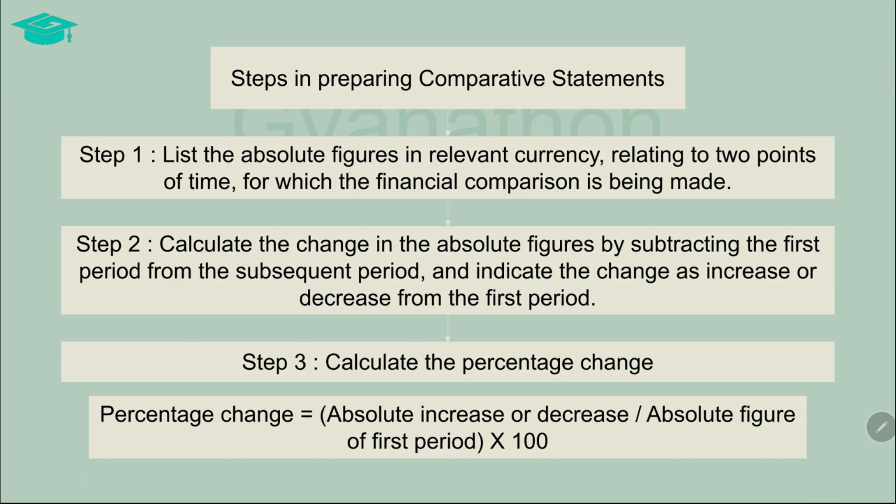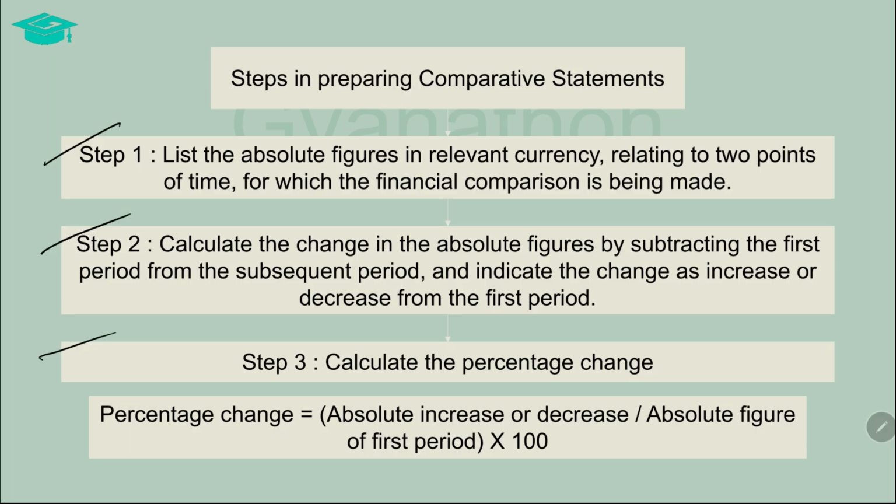Let us now see the steps to be followed in the preparation of these comparative statements. Firstly, the absolute figures in relation to the statements of two distinct points of time which are being compared have to be listed. This helps to make a financial comparison. Next, the figure in the first period has to be deducted from the figure in the subsequent period for every item. The resulting change, which is either an increase or a decrease, has to be indicated in relation to the first period.